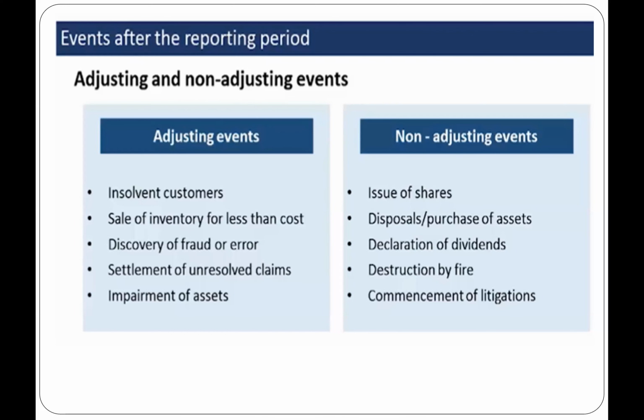But you would realize the fact that someone does not become bankrupt overnight. So if you realize on 5 January that one of your customers has lost their business, they are no longer able to pay you your money, and they don't have any assets that you can take and use as a fallback position, it means that particular customer is now insolvent.